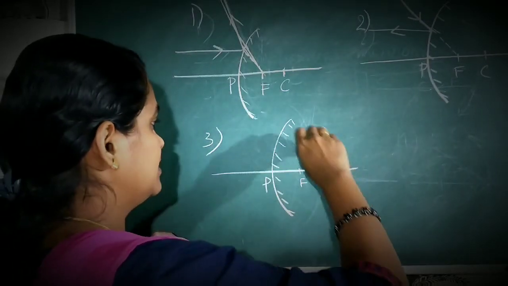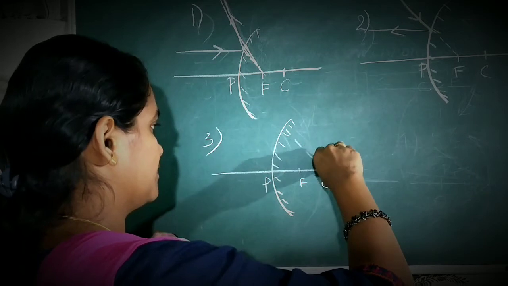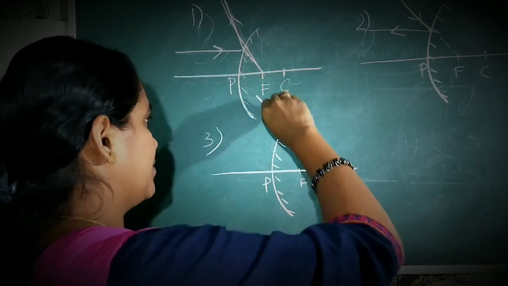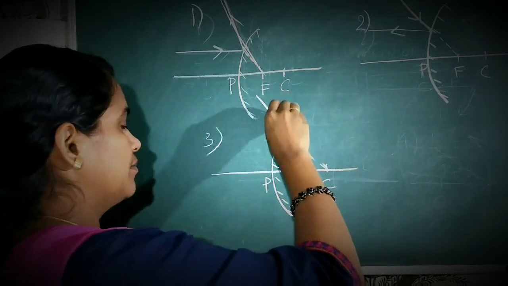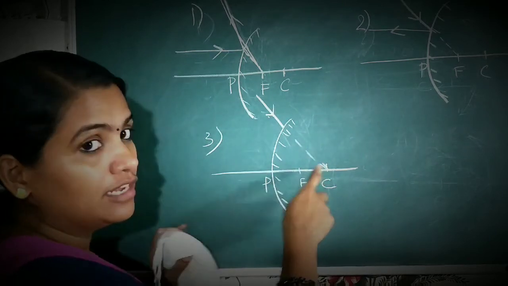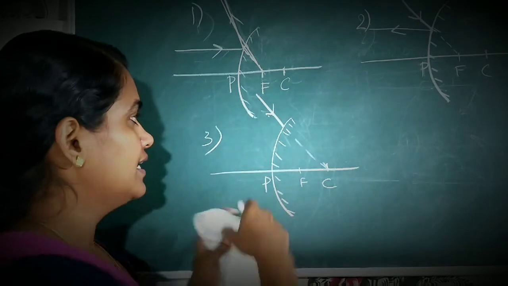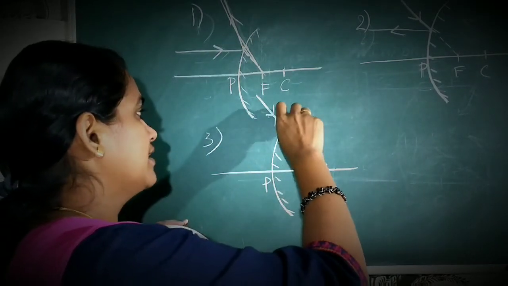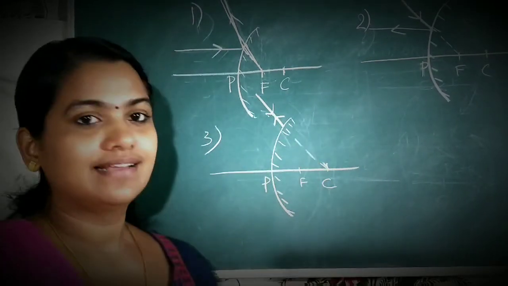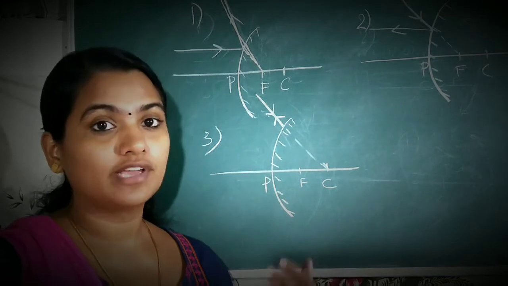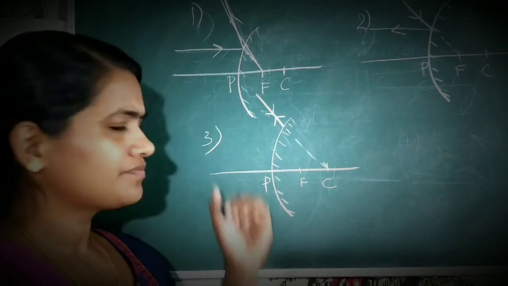So here this is the center of curvature. Okay, so the ray will be coming like this, passing through the center of curvature, but once it hits the mirror like this here, it gets reflected back in the same path, following the same path.